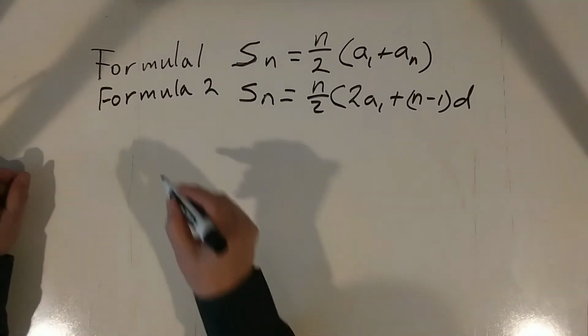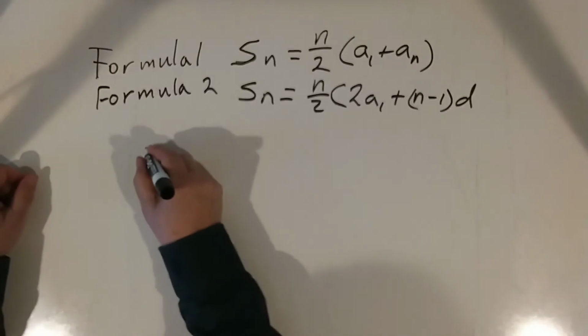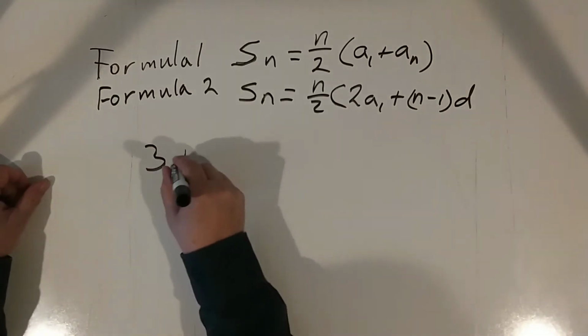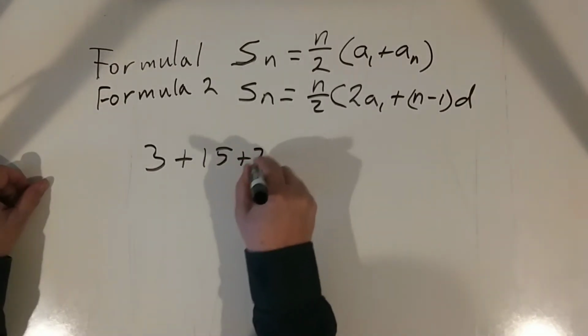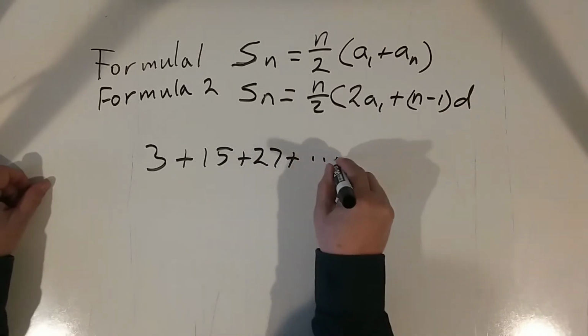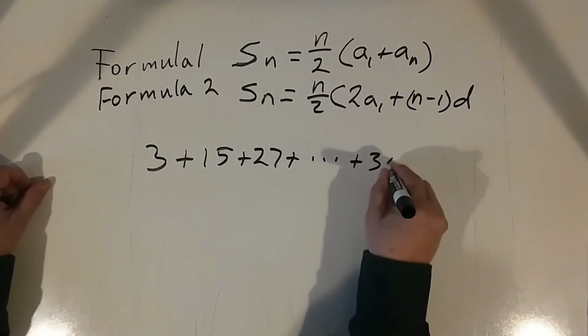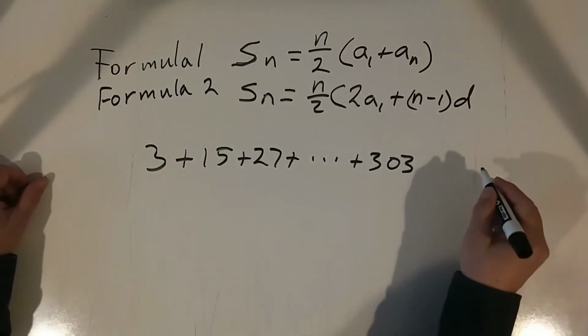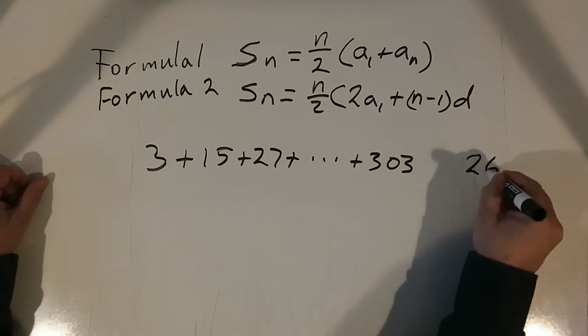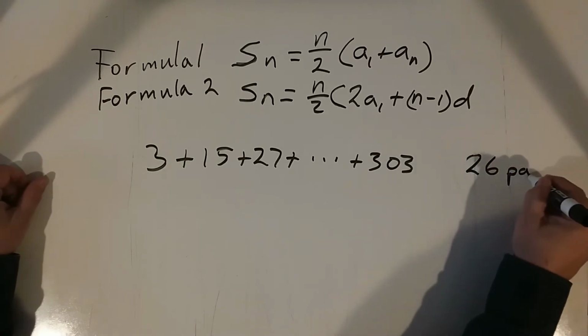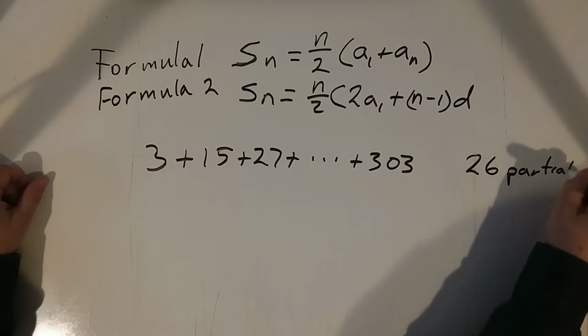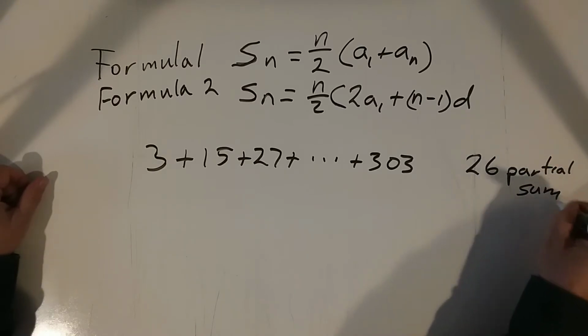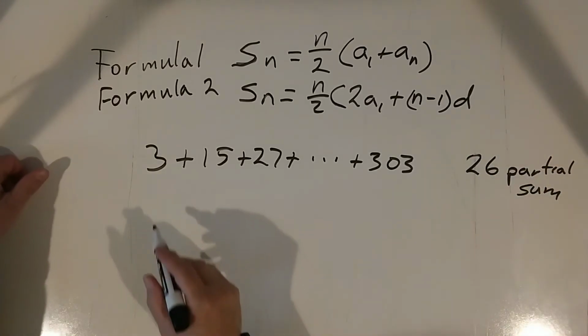Let me do several examples for you. Here's the first example. 3 plus 15 plus 27 plus, we don't know how many, plus 303. And we're going to find the 26th partial sum. So what can I find?